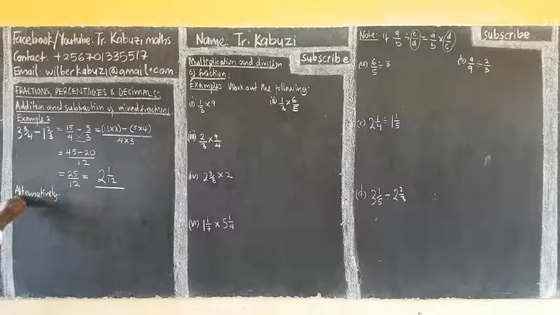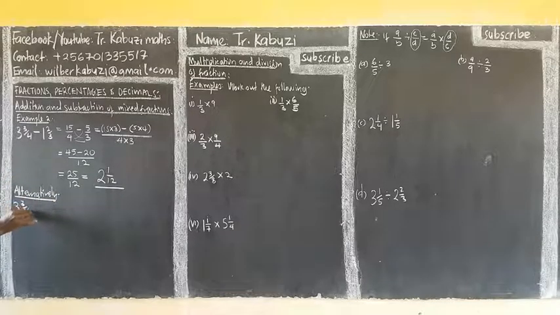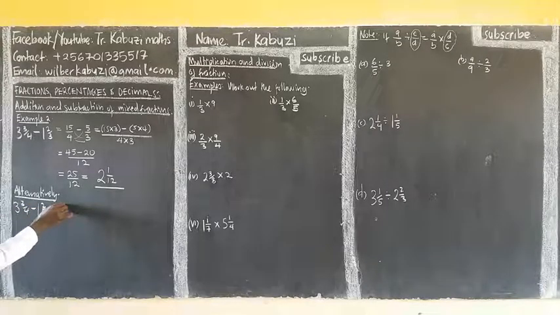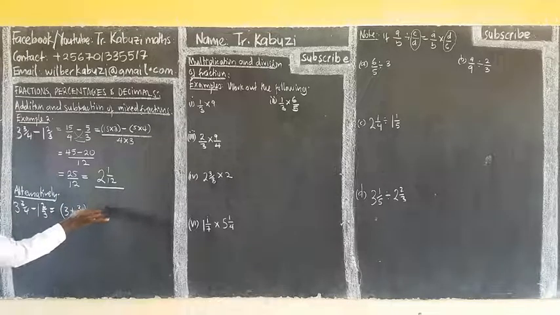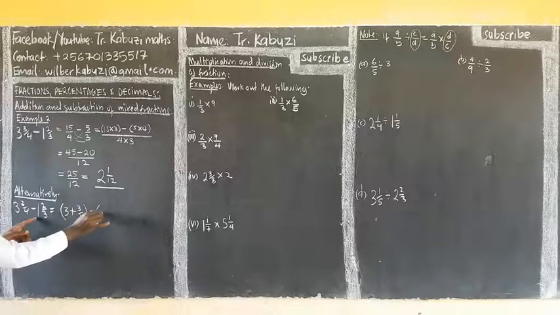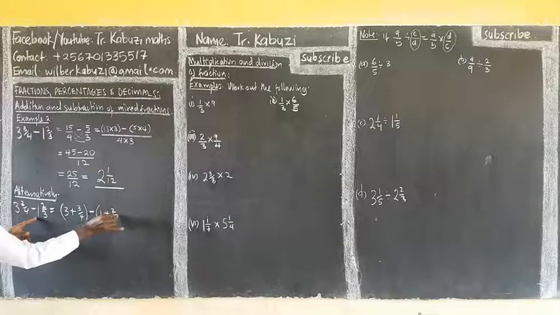Alternatively, you have 3 over 4 minus 1, 2 over 3. You say this is the same as 3 plus 3 over 4, and this is the same as 1 plus 2 over 3.